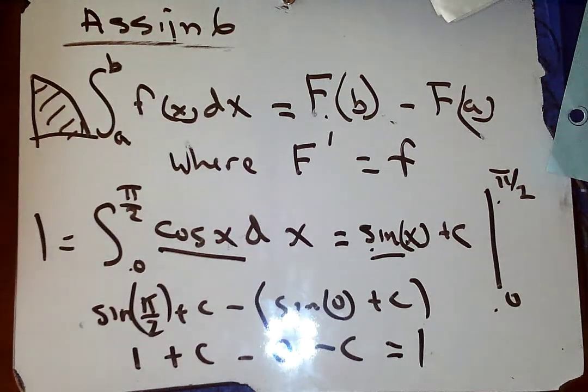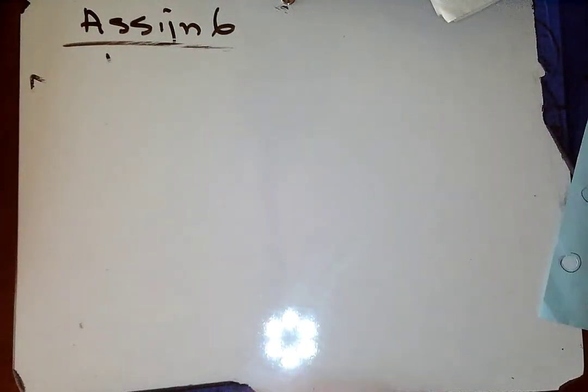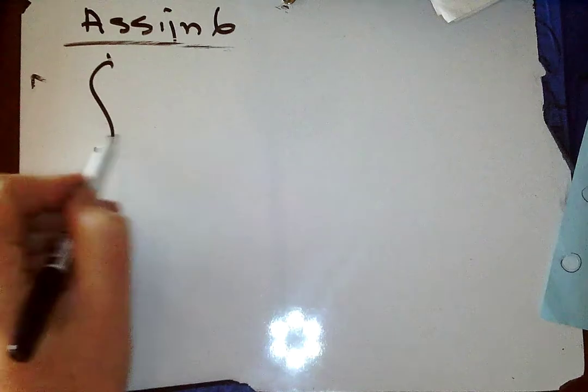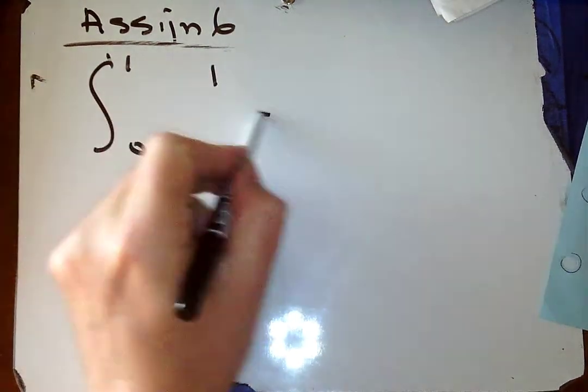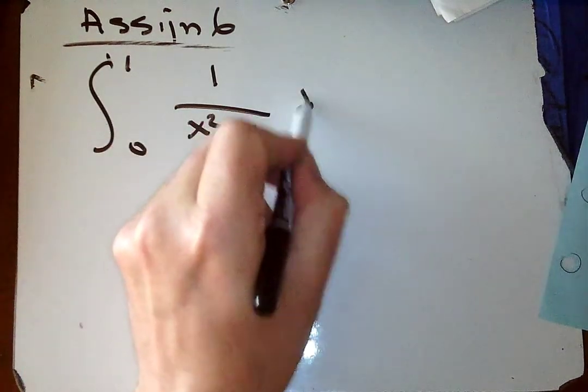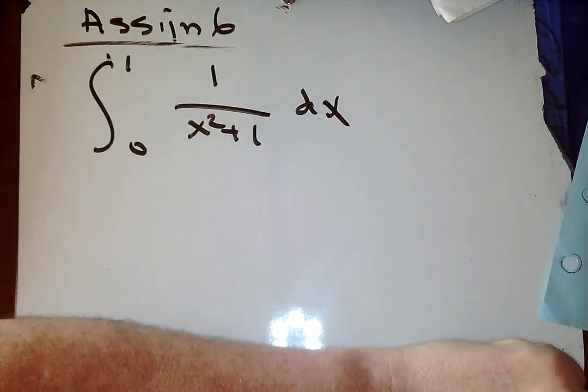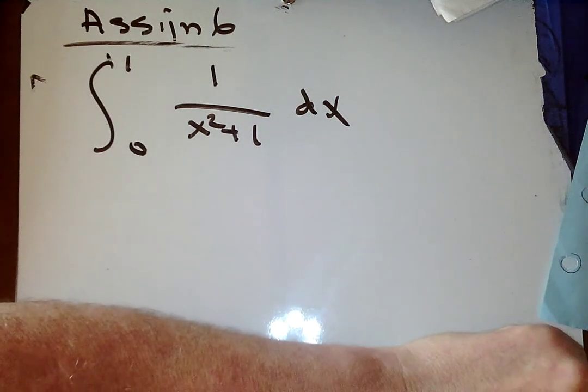And this is why it's so terribly important for you to be comfortable with all your derivatives. Because now I'm going to say, hey, what's the integral from 0 to 1 of 1 over x squared plus 1? Do you remember whose derivative that is?